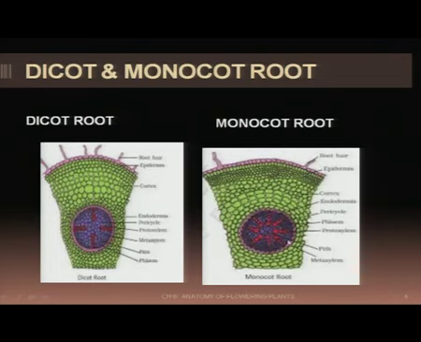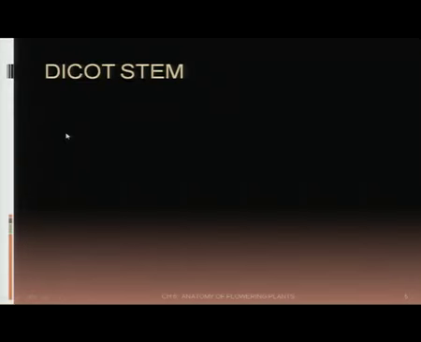Also, a major difference was that monocot roots do not show any secondary growth. Why? Because cambium is absent there. Secondary growth is shown only by the dicot roots.